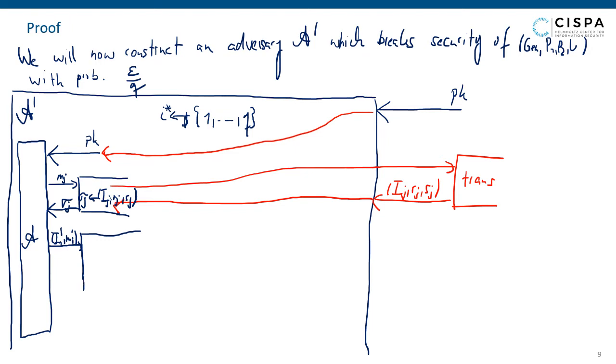So we count these queries, and depending on the index I, if I equals I asked, recall that's this index up here that we chose uniformly at random.